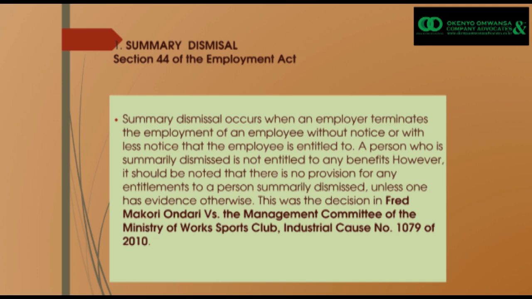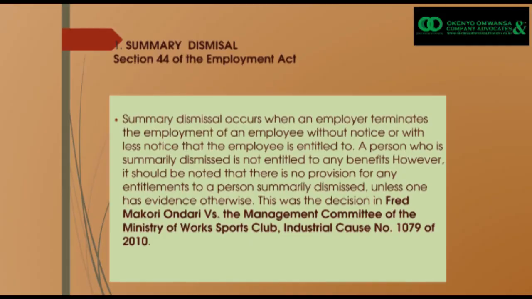Now, a person who is summarily dismissed is not entitled to any benefit. That's one thing we're supposed to note. However, unless he has evidence otherwise to prove that he's entitled to any benefit, he should not be given anything.